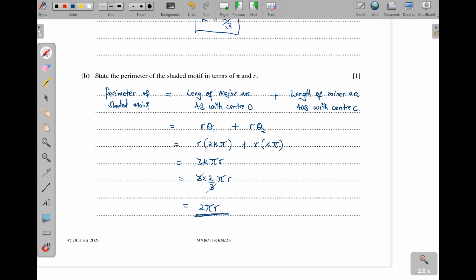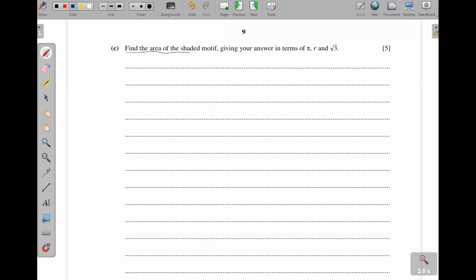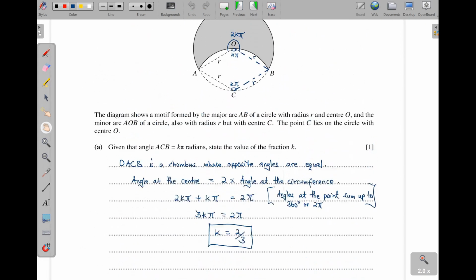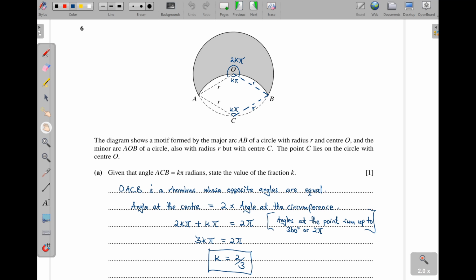As simple as that. Part C, find the area of the shaded motif, giving your answer in terms of pi, r, and root of 3. So if we go back here and we check the area of this motif here, we can say area of the big circle, then minus area of this rhombus, not so, then minus area of these segments here, and these segments are all equal. So if I get the area of one segment, then I multiply it by 4, I would have gotten all of these together. Okay? So that is that.